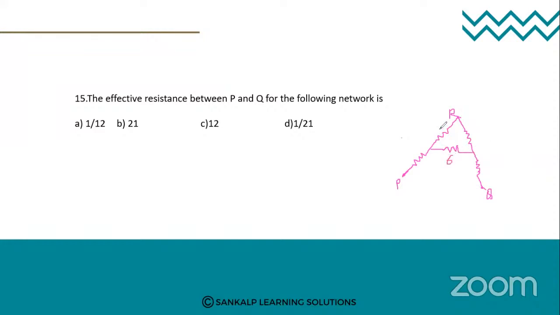This is 6 ohm, this is 3 ohm, this is also 3 ohm, and here this is 4 ohm, and here it is 5 ohm. So you can see the value of the resistance which is given for the following circuit diagram. They are asking you to calculate the effective resistance between P and Q.